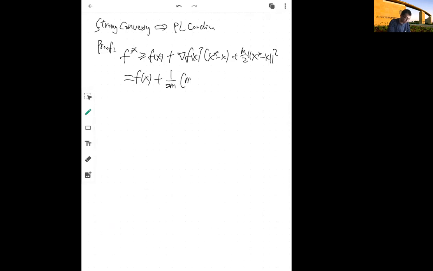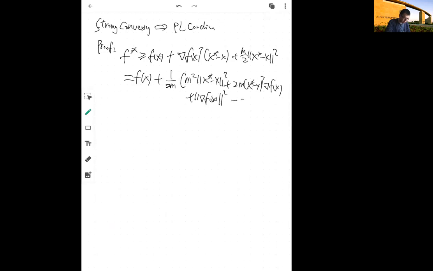So we can apply strong convexity and then add and subtract the missing term in the form of the squared norm of the gradient, and that gives us, so far I'm just copying everything over by extracting the common factor, and then we can add the squared norm of the gradient of f of x.